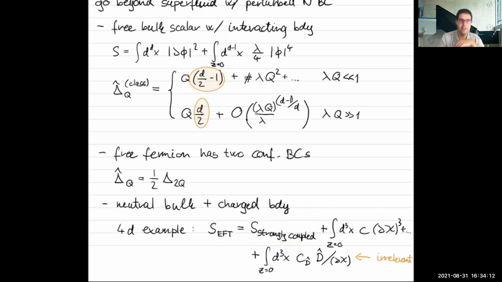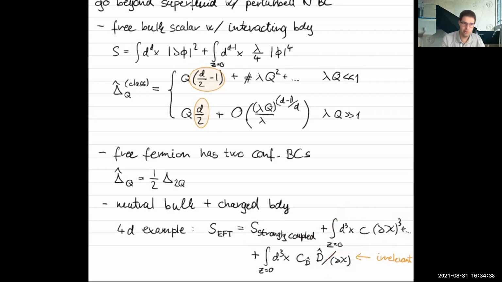And so the EFT description turns out to be some kind of hybrid. You get a strongly coupled bulk CFT and a boundary superfluid, and they are coupled through an irrelevant interaction between boundary operators in the strongly coupled theory and the superfluid.